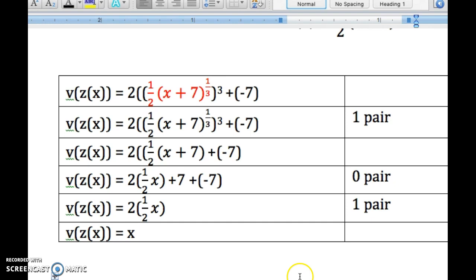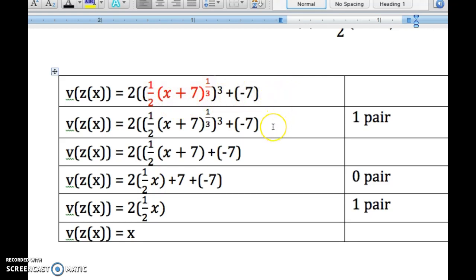And so what my initial v of x is, this is the x, this 1/2 x plus 7 raised to the 1/3 power. That was my inverse function, and I plug that in for the x of your v of x, and I get this.